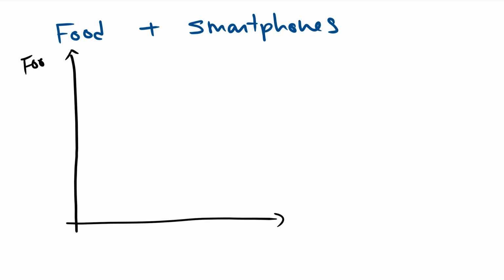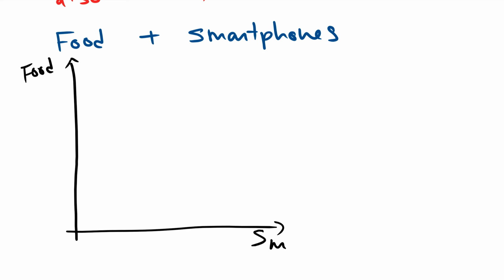Let's say we put 100% of our resources into producing food. Then we can get a certain amount of food. I'm just going to make up a number here and call it 1,000 units. And if we put all of our resources into making smartphones, then we could get maybe 300 units. These are both choices: all food, we get 1,000 units; all smartphones, we get 300 units.